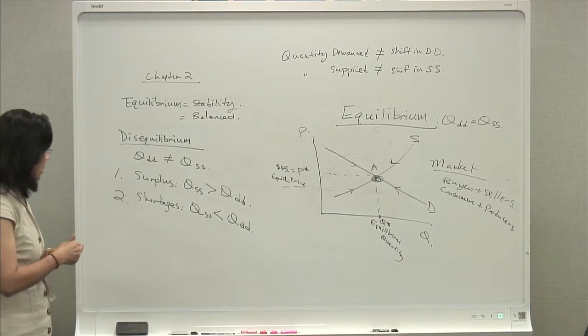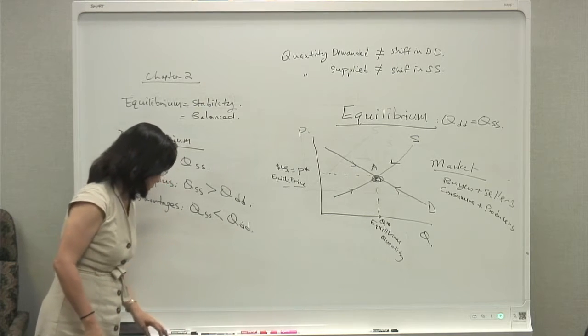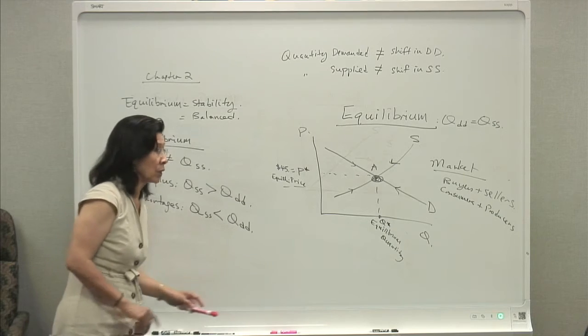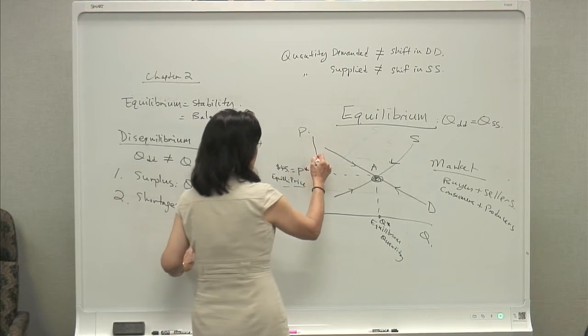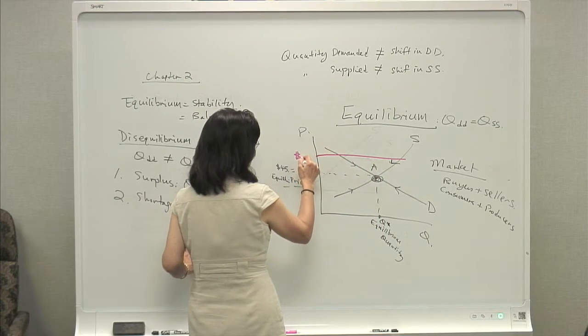Okay, how do we indicate them? Surplus means you have too much to go around and you don't have enough people who want your good. So this will be the case where if you draw a line up here, let's say this is $50.